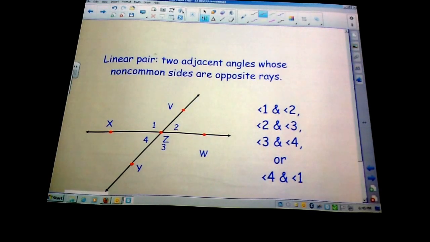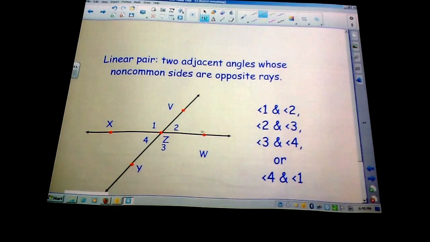Now, a special type of adjacent angle would be a linear pair, and these are 2 adjacent angles whose non-common sides are opposite rays. Or in other words, if they're adjacent angles right next to each other, they would form a straight line.